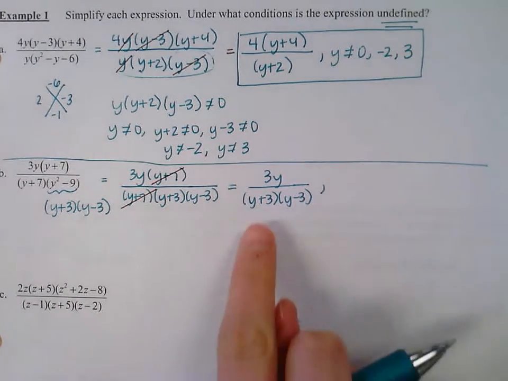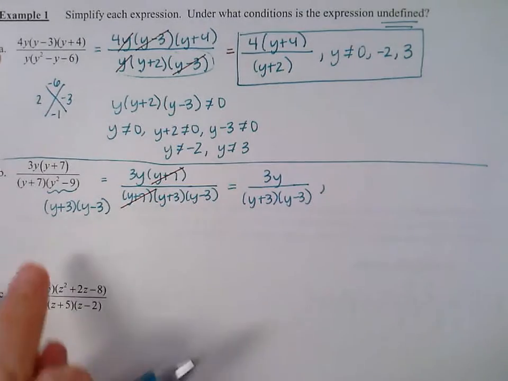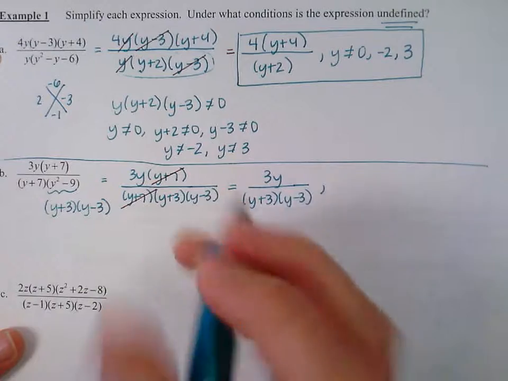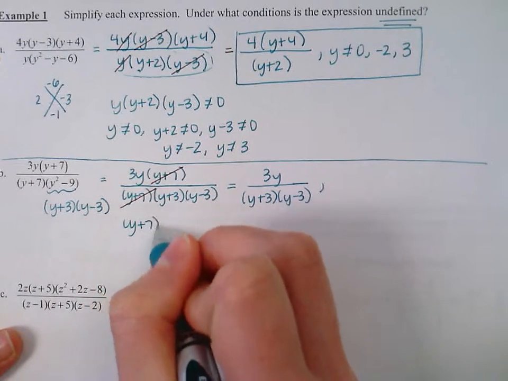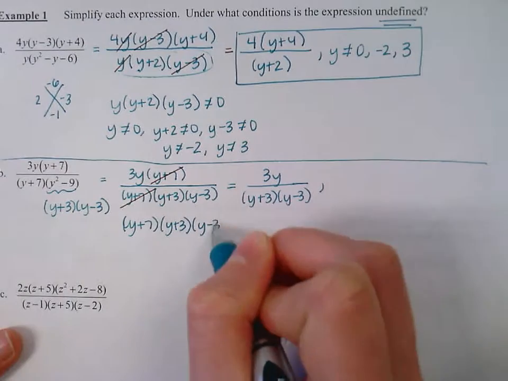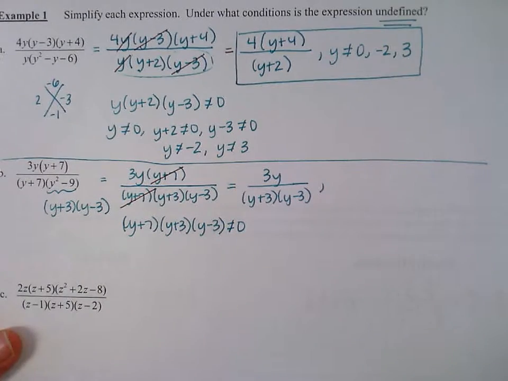Then I have to include again where it's undefined. So I'm going to go here where I already have it factored. y plus 7, y plus 3, y minus 3 cannot be 0.